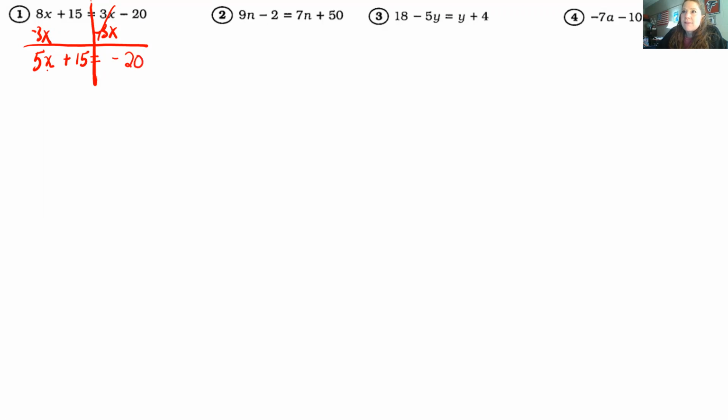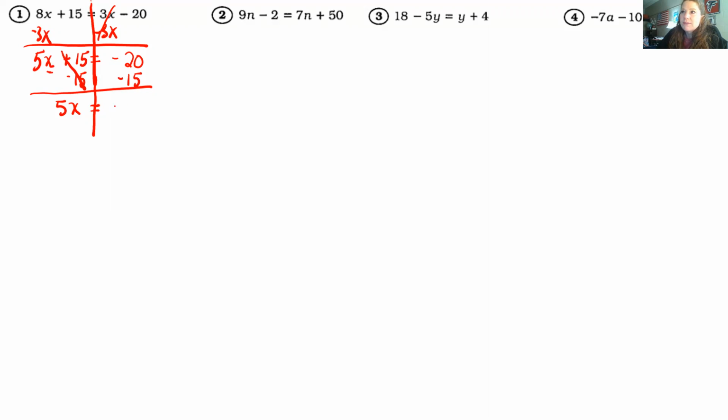So I want this variable x by itself on one side of the equal sign. So I have to get rid of this 5 and 15. So I'm going to cancel out a positive 15 by subtracting 15 from both sides of the equal sign. So I'm going to extend my line here. So 15 minus 15 is 0. So I'm going to bring down 5x equals, and negative 20 minus 15, if you're not sure, put it in your calculator.